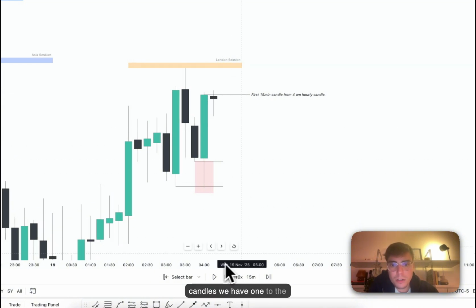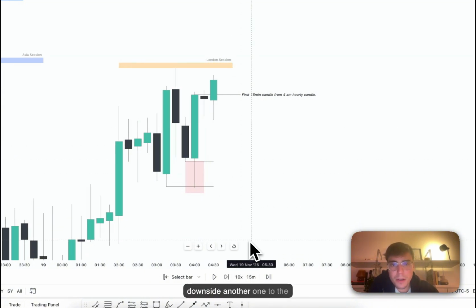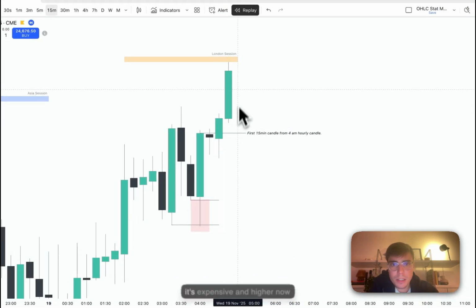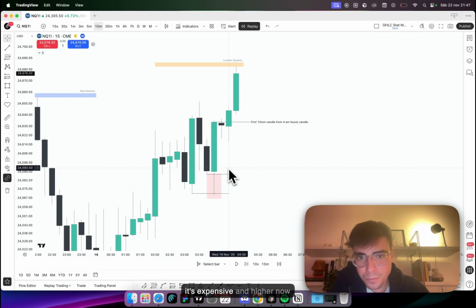We have one to the downside, another one to the upside, and the fourth one expands even higher. Now also we missed that it's Wednesday, the 19th of November 2025.